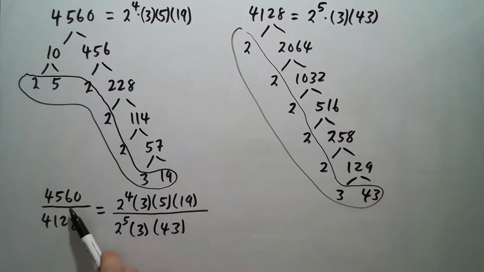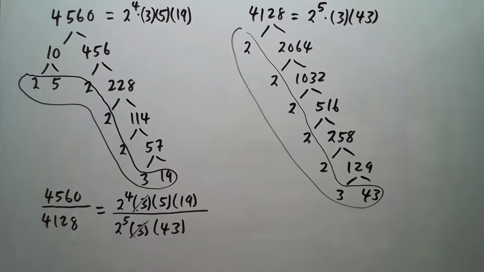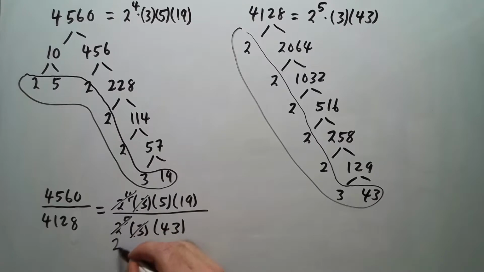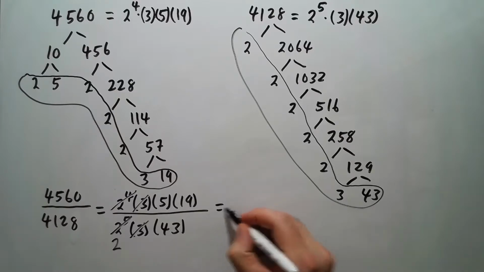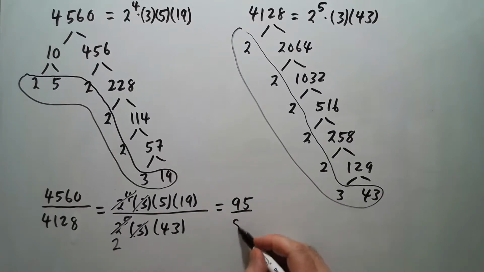Now looking at the fraction 4,560 over 4,128, writing the prime factors up here, you can see they share a 3 in common. I'll cross that off. They also share 4 twos, so I can cross off these, and there'll be 1 two left down here. Multiplying 5 times 19 gives us 95, and 2 times 43 gives us 86.